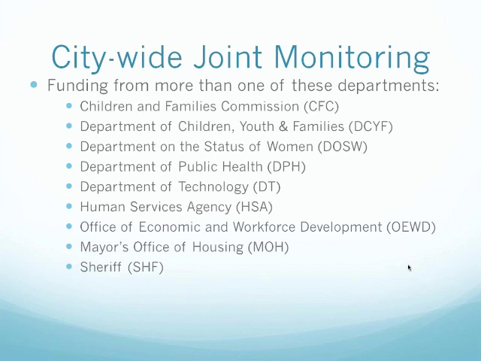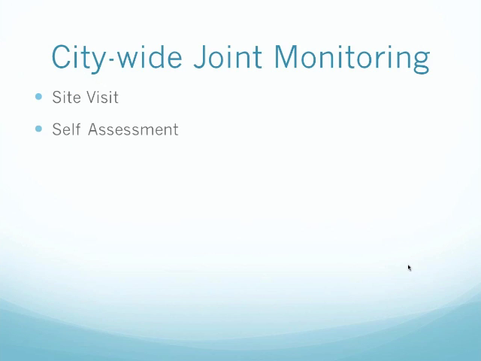So for instance, if you receive money from us and DPH, then myself and someone from DPH will coordinate your monitoring together. If you're in this pool, you will either receive a self-assessment or a site visit. Self-assessments are granted to agencies that are considered to be low risk, which means they've had at least 2 clean reports for the previous 2 years in a row.